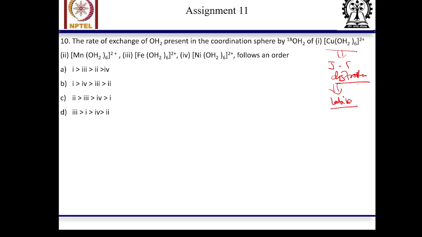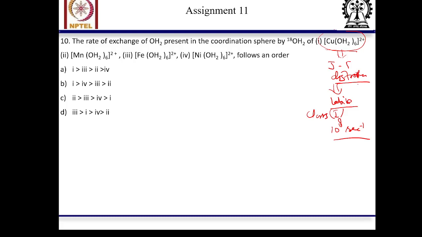And I told you that it is a class one metal complex, where the rate of exchange is 10 to the power 8 second inverse. So first, Cu(H2O)6 will come into the first. Okay.